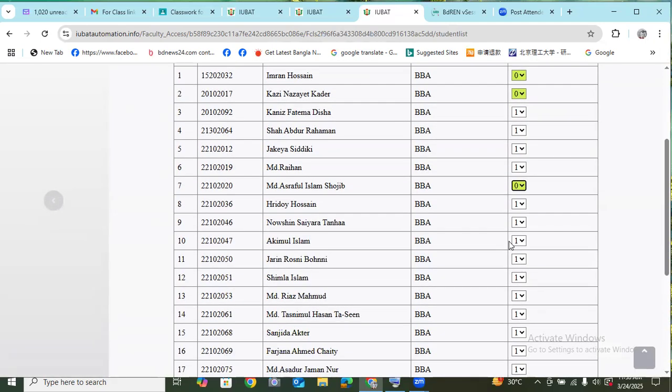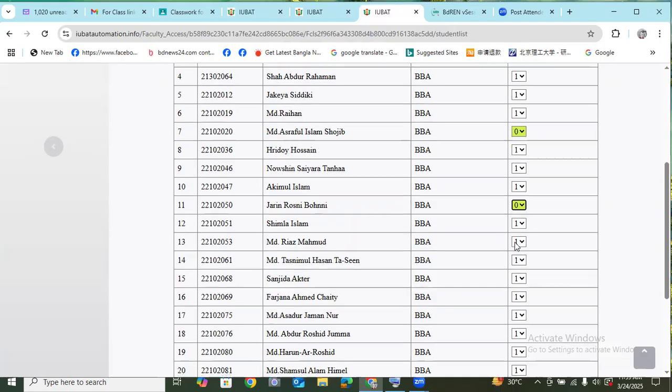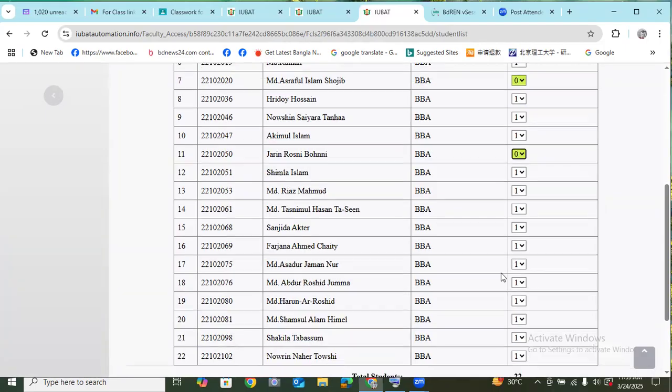Akimul Islam, present. Jarin Roshni, absent. Shimla, present. Riaz Mahmood, present. Tasnimul Hassan, present. Sanjida Akhtar, present. Farzana Ahmed Choiti, present.